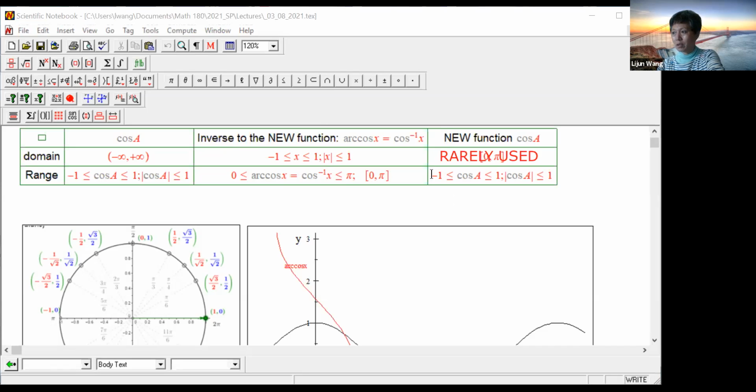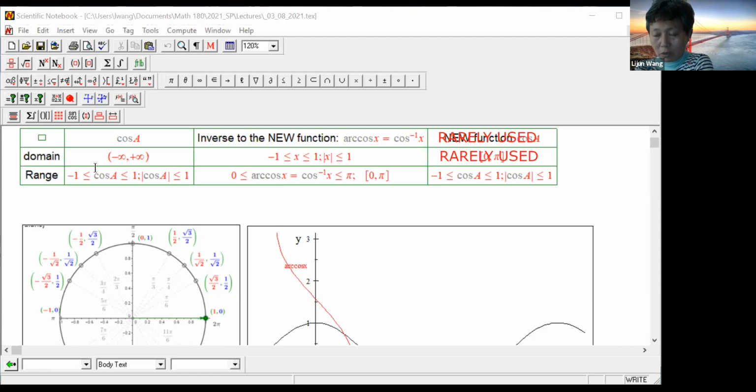Okay, so let me put it here. Rarely used. So you should never be confused. Whenever cosine is referred to, it's always referring to this cosine. Does everybody follow me?